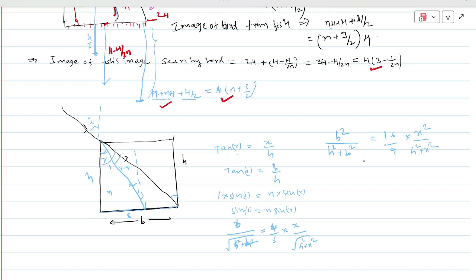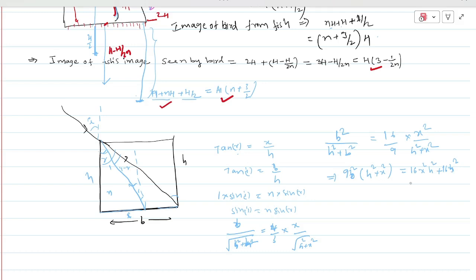Now the b value you know, and the h values you will find out. So 9b square into h square plus x square is equal to 16 x square into h square plus b square.